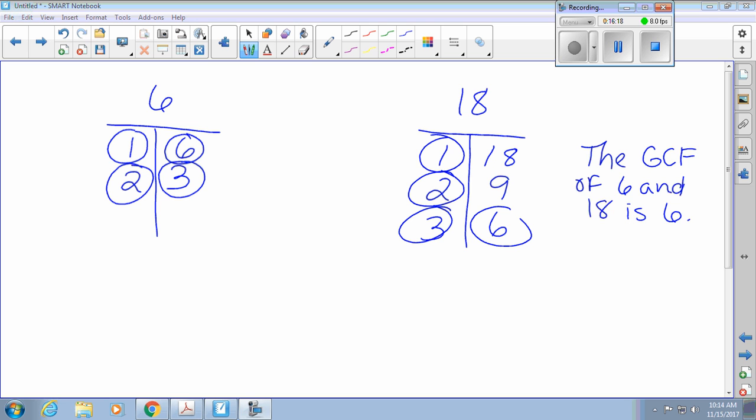So sometimes the smaller number actually goes right into the bigger number. And you're like, why would I waste all this time, Mrs. Lehman? This is for the birds. And I'm going to say, but kids, I'm teaching you the process so that you know how to do this when you have more difficult problems, all right? Does anyone have any ideas where we would use the GCF? Why in the world would we teach you this nonsense?